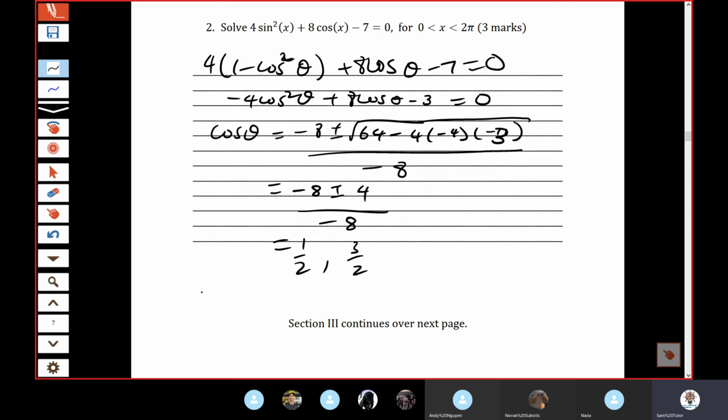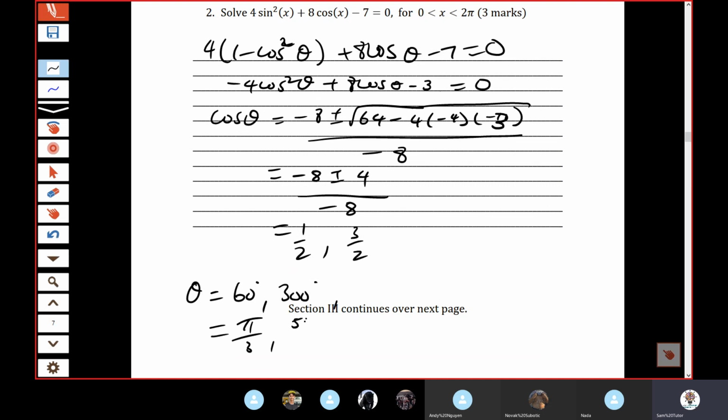Then theta equals inverse cos of a half, which is 60 degrees. All stations to central, you get 300 degrees. Inverse cos of 1.5 should be no solution. Yep, this one here should have no solution. Your answers are pi on 3 and 5 pi on 3.